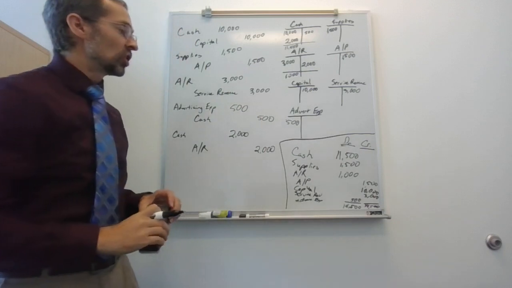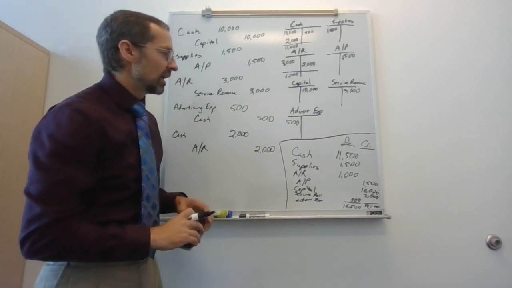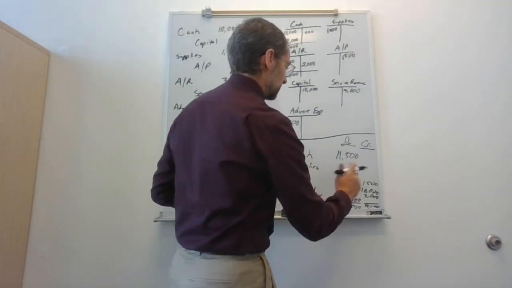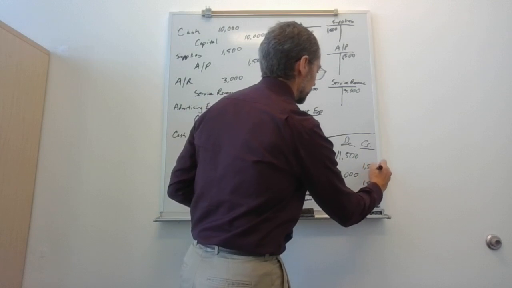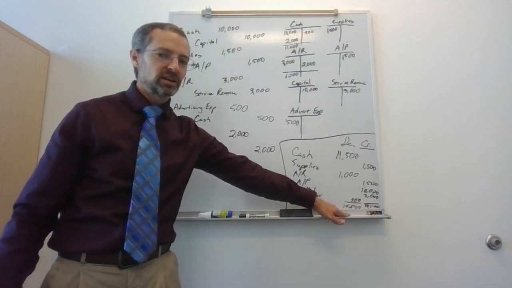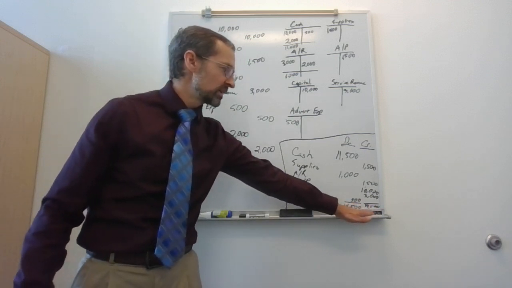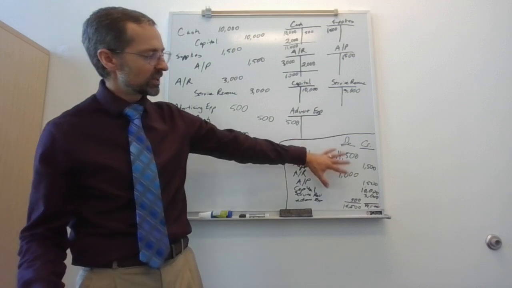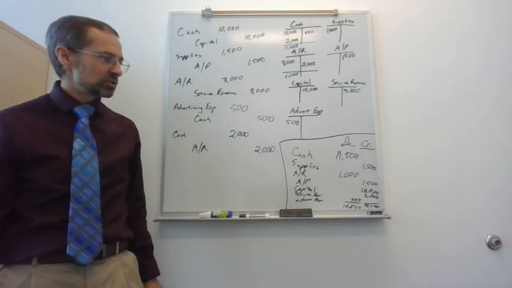Another thing that it could catch is, let's say that our supplies ended up being a $1,500 credit. Now our totals down here might be different, right? So our debits might not equal our credits, but sometimes they do equal, even though we look at this and say, hey, something is wrong.